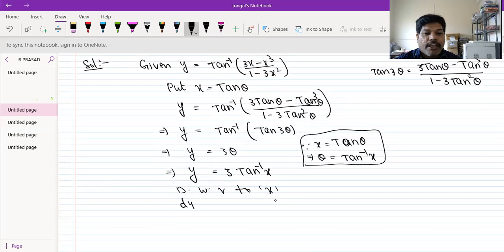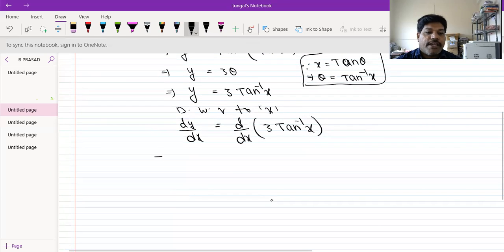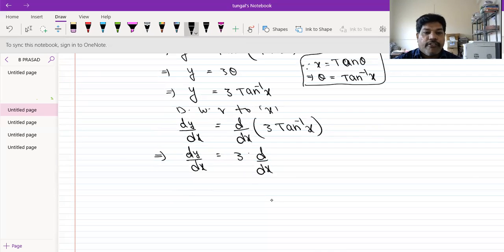So dy by dx is the derivative of 3 tan inverse x. dy by dx is equal to 3 into the derivative of tan inverse x.